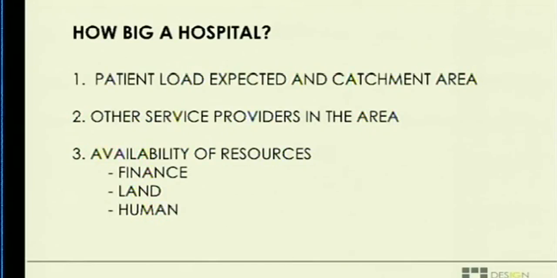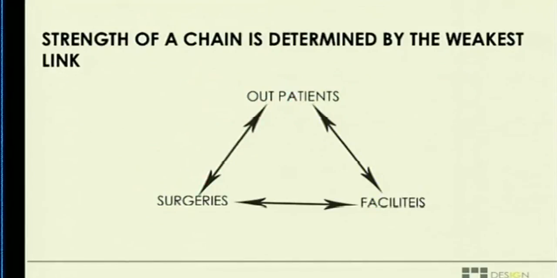Today I'm going to talk a little bit more on land, because finance and manpower you understand quite well yourselves. But first, before I go into explaining about the land required for hospitals, a balance has to be struck when you are planning your hospital design. Everything is interconnected.